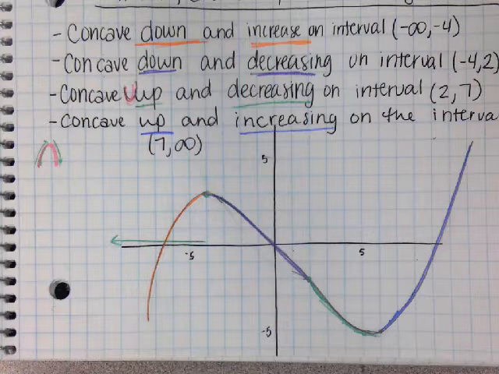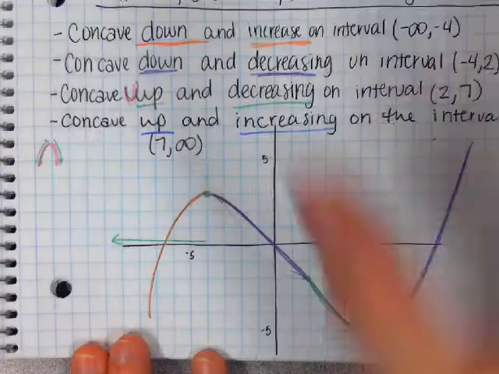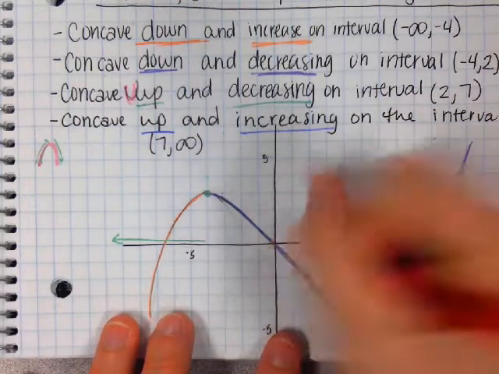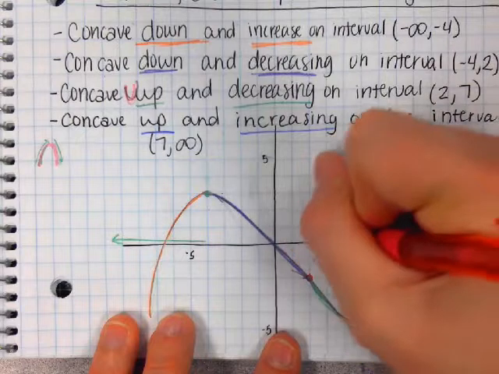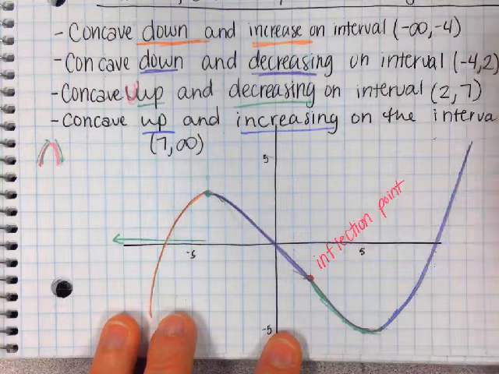So remember where it changes, this is where it's changing from concave down to concave up. So this point right here is called the inflection point.